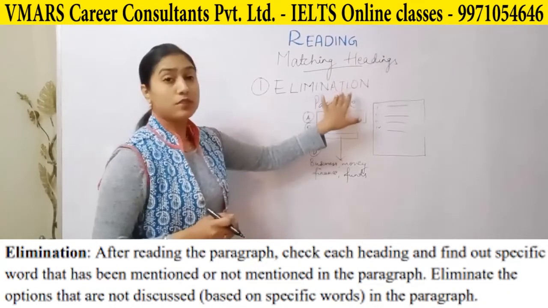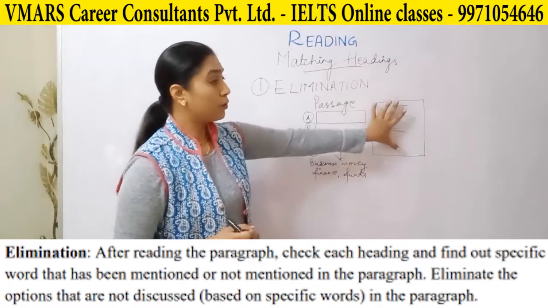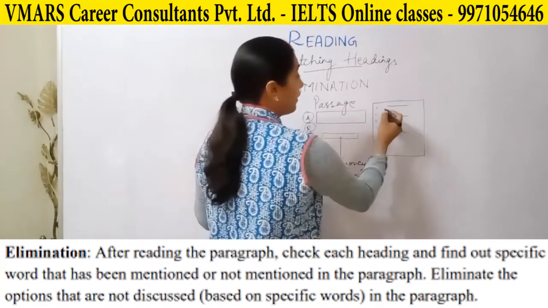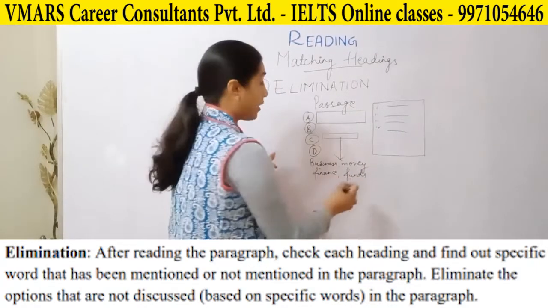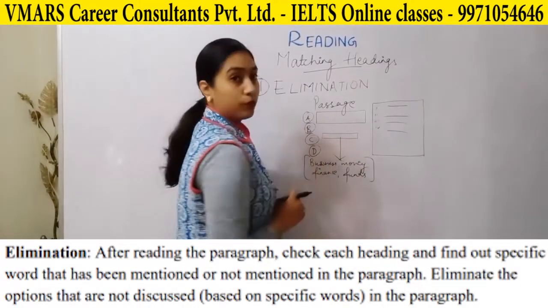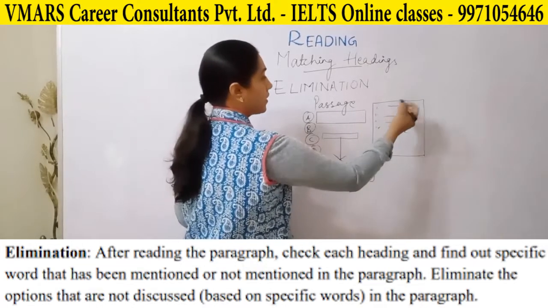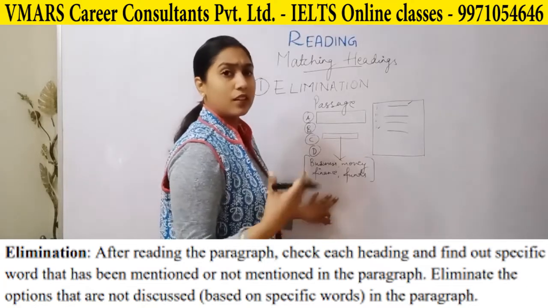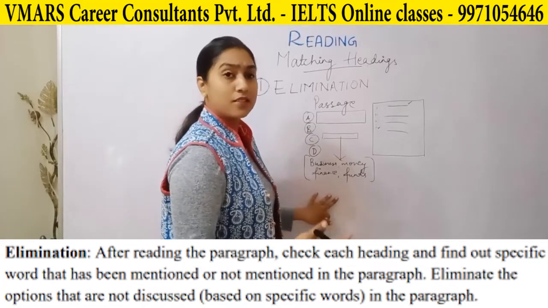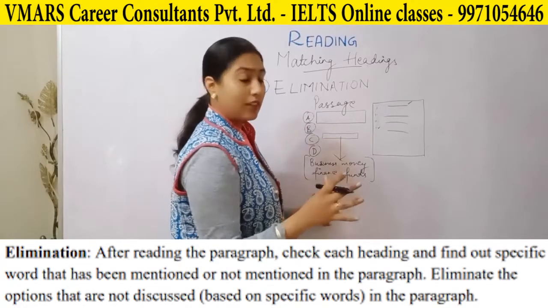Now how do we use this elimination technique? You go to the headings and read each heading and see whether any of the headings have similar words or not. Imagine that you find there are no such words, or nothing mentioned about money, finance, or anything about profits, a related term.